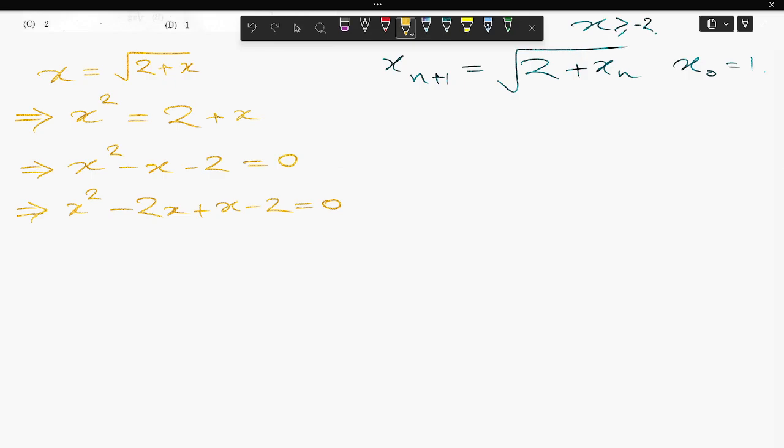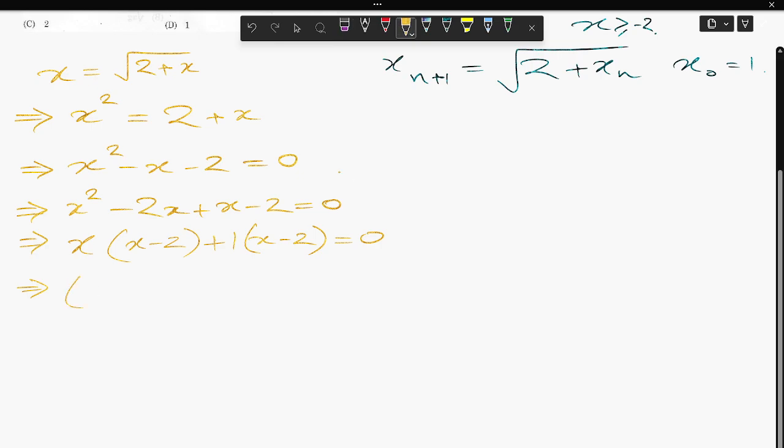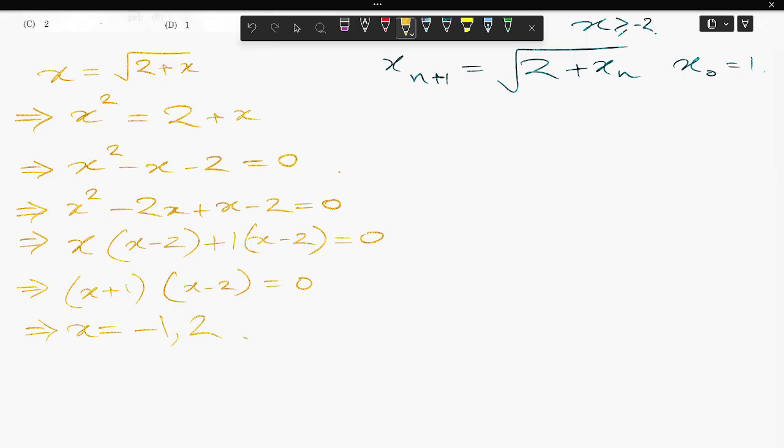So we will get x into (x minus 2) plus 1 into (x minus 2), so that will be (x plus 1) into (x minus 2) equals 0. So now we can write x equals minus 1, 2. So the solutions, that means the fixed points, are 2 and minus 1.